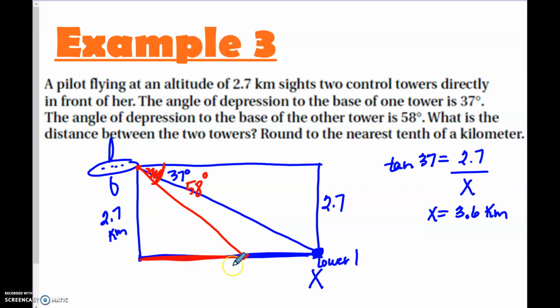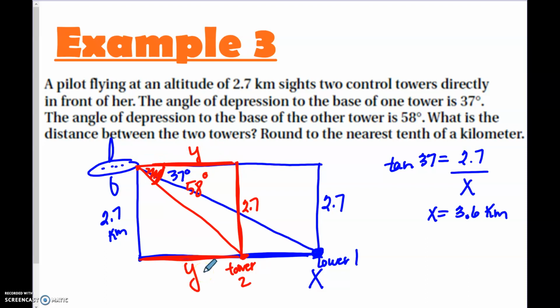This is going to be tower 2. So if we had this going straight up, that's still 2.7. That has not changed. The plane's still 2.7. And now this distance right here is my y.